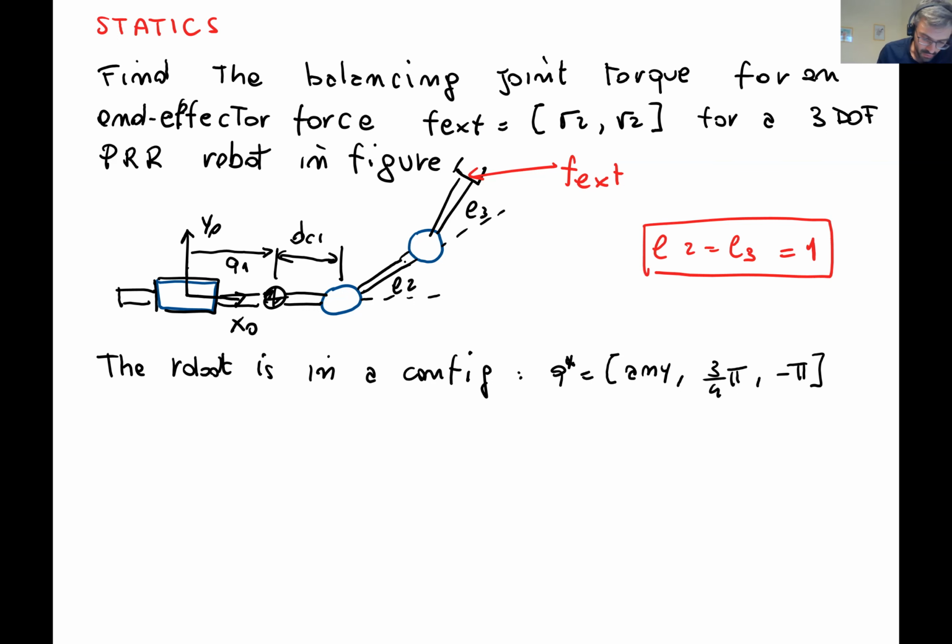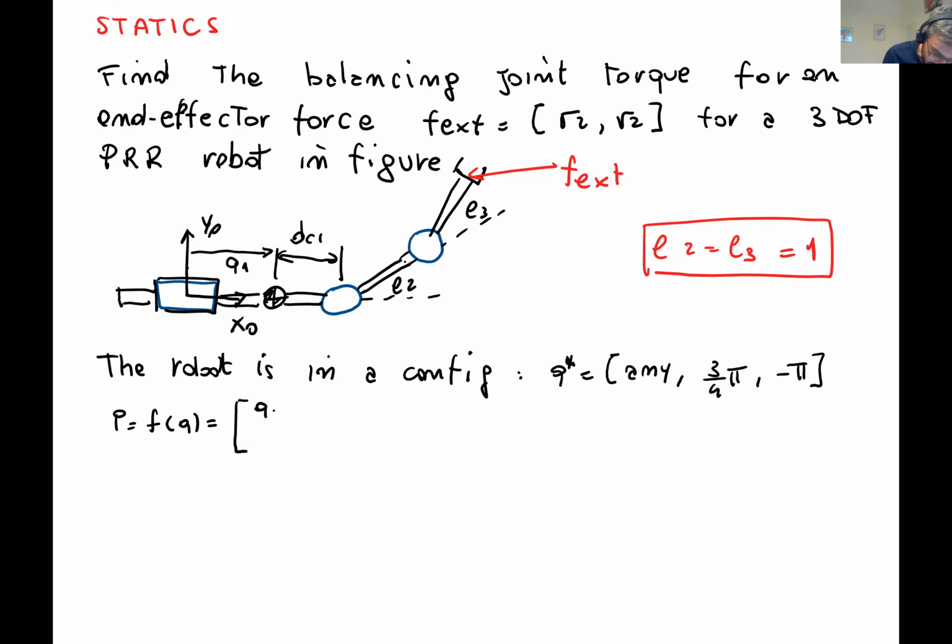To solve this exercise, you remember we want to apply the principle of virtual work and find the relationship between torques and end effector forces. So we first compute the forward kinematics for this robot, which is f of q with 2 components, because we are living in a plane, we don't care about the z one.